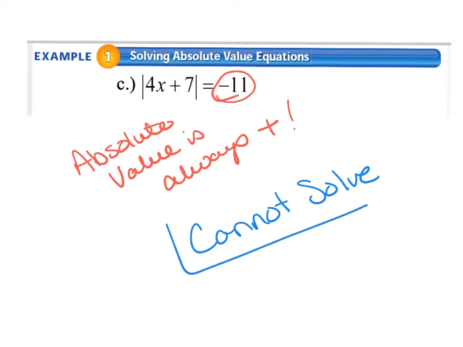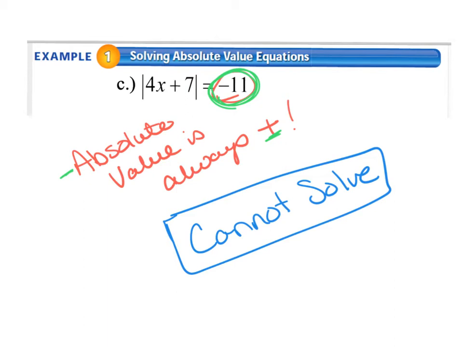That's our answer, cannot solve. Because absolute value is always positive, and this absolute value is equaling a negative answer, we cannot solve it. It is impossible. That doesn't work. So this is a cannot solve. And that is a very valid answer for one of our equations.